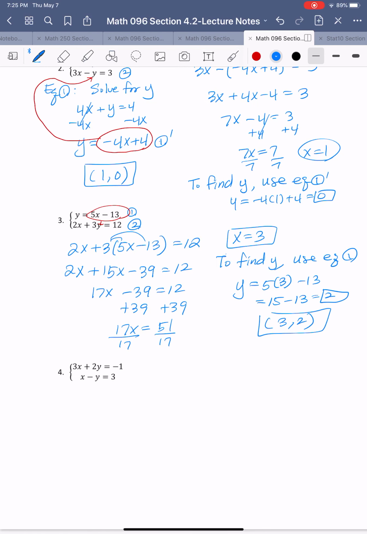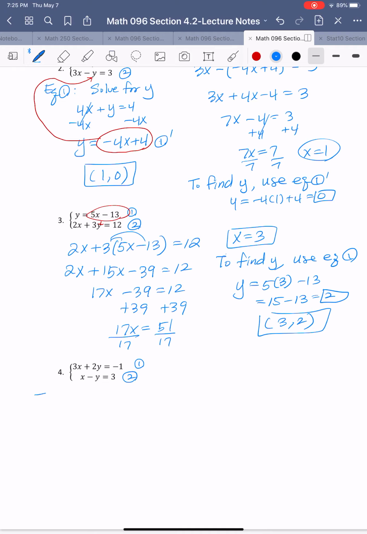Now, the number 4. Now, we need to find which one is the best equation to solve for. So this time, equation 1 and equation 2. But I think I want to use equation 2 to solve for x. You don't have to solve for y always, okay?